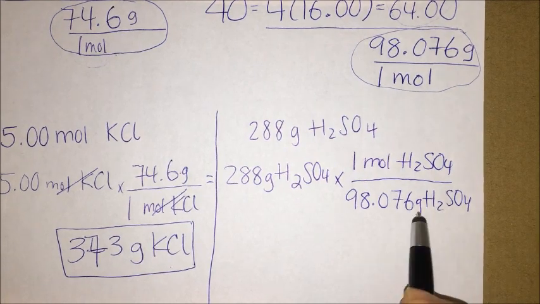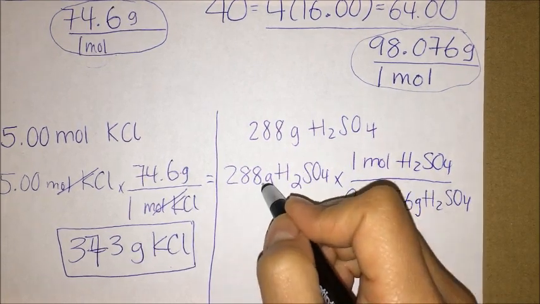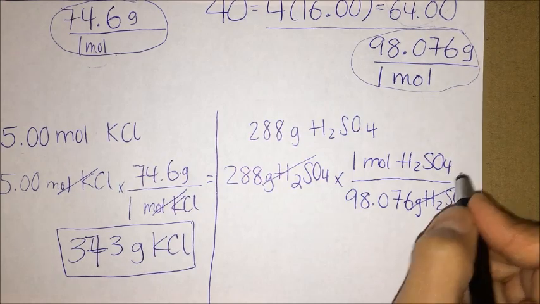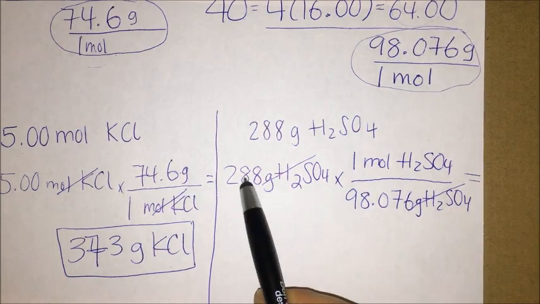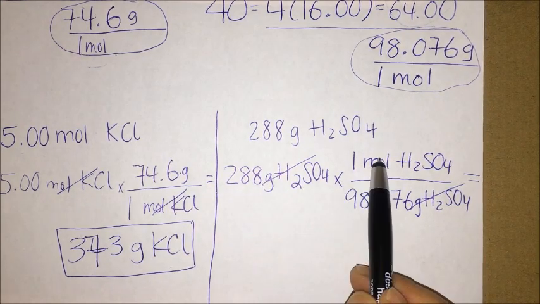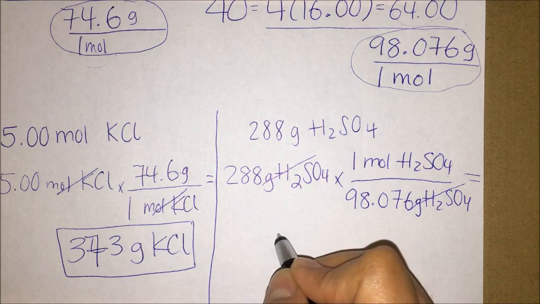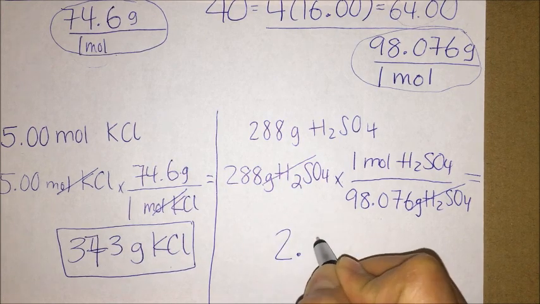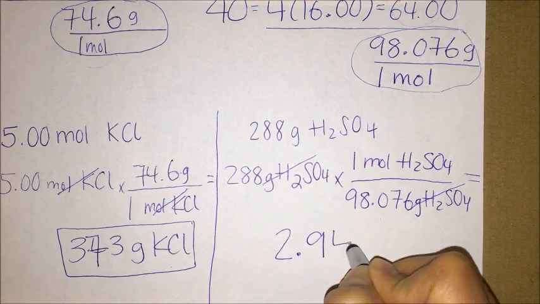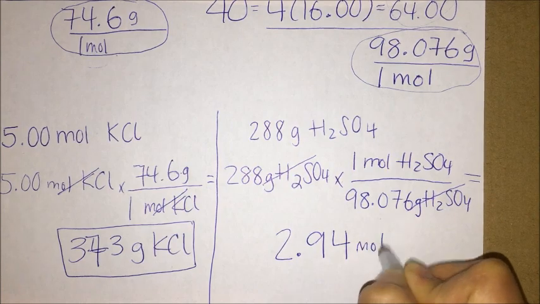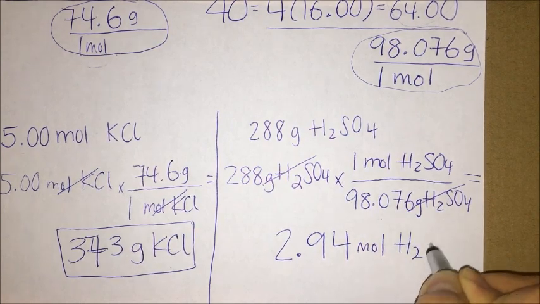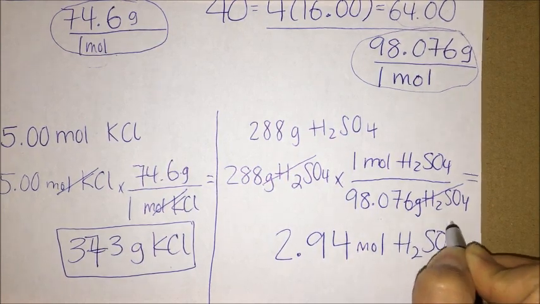The reason why we put the grams at the bottom now is because we want the grams to cancel. So to solve this, you would take your 288 times 1, which is 288, and then divide by 98.076 to give you 2.94 moles of H2SO4.